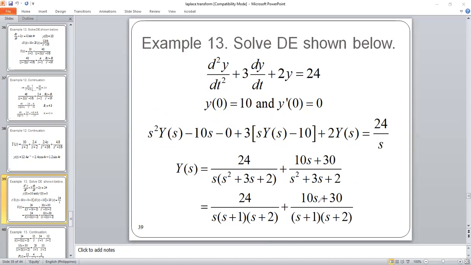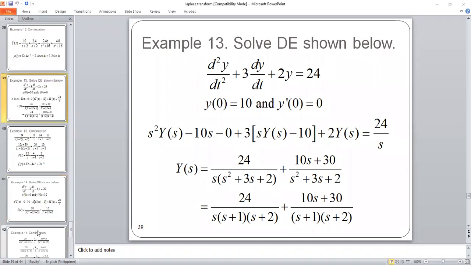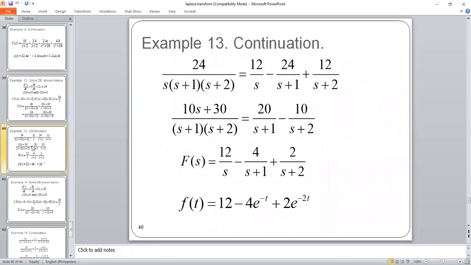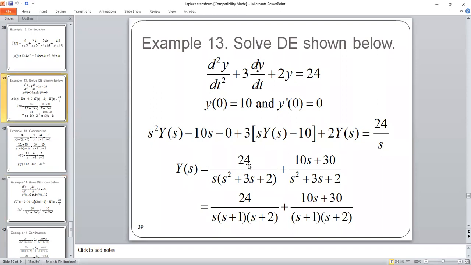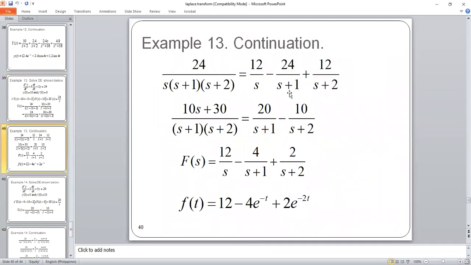So we need only to process this one. This is the one left, and we have an equivalent expression in the previous example, so we just use that one. So let's call up this 24 over s times s plus 1 plus s plus 2, which is already from our previous example.